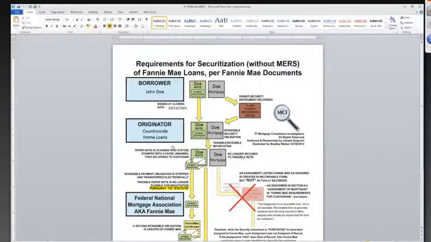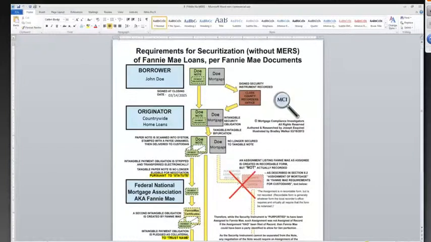This is an infographic pertaining to a GSE. A GSE being a government-sponsored enterprise, being Fannie Mae, Freddie Mac, or Ginnie Mae.